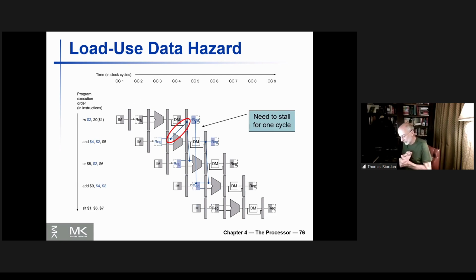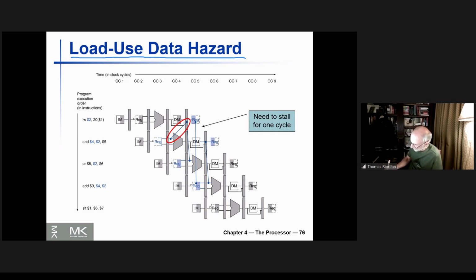All right. So remember we had two kinds of hazards like this. We had the bypass hazard, which we just dealt with. And then remember, we also had the other one, the slightly more onerous one that we had to ask the compiler to help us with, the load to use hazard.